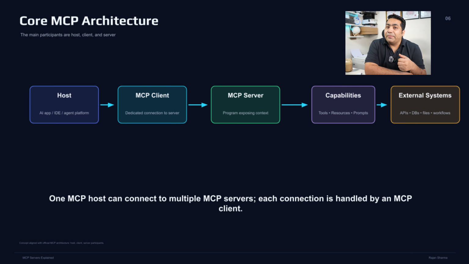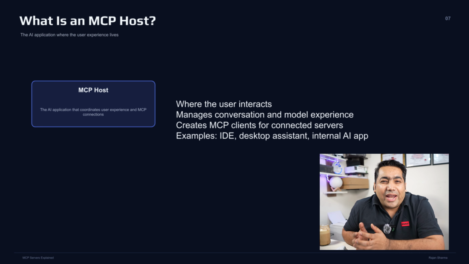Those capabilities may be tools, resources, or prompts. Behind the server, there may be APIs, databases, files, or workflows. A simple way to remember this: the host is the AI application, the client is the connection, and the server is the capability provider.